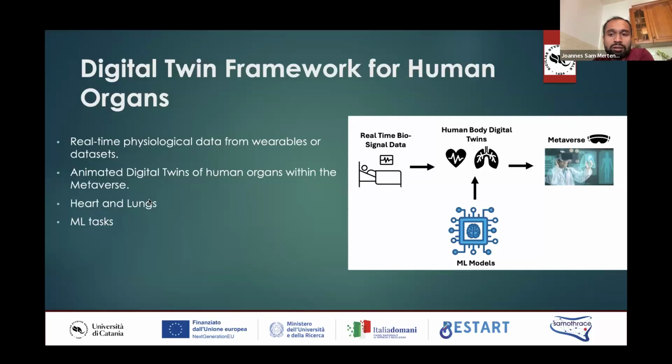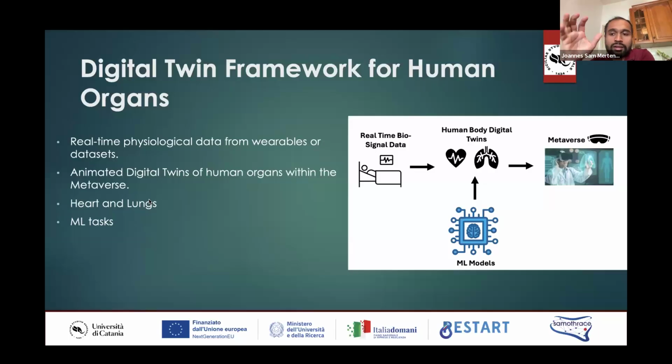When the doctor wears the Oculus or the VR device, the doctor can actually see the heart beating or pumping, or the lungs deflating and inflating in the VR device. It's as if the doctor is actually looking at what's happening inside your body, meaning how your heart is functioning, how your lungs are functioning, based on the real sensor data that is fed from the sensors or the wearables.